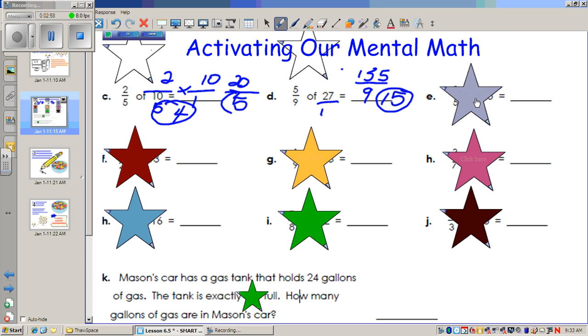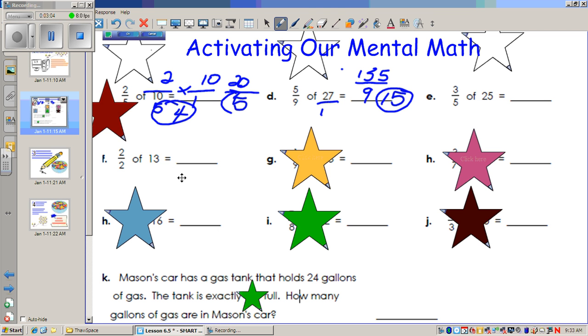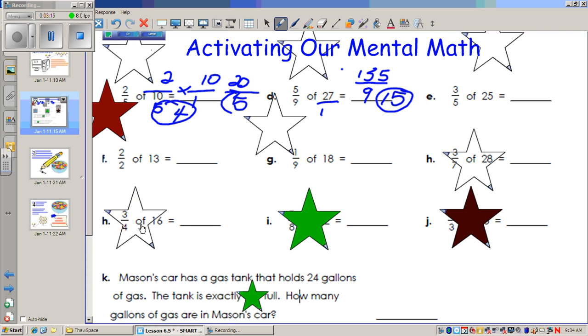I will move all of these so that you may see your problems, and make sure you're doing them the same way. 2/3 of 13. Now remember the "of," and what does that mean? I hope that helps you a little bit. If I click on them, you can see them too. 2/3 of 15, 7/8 of 32.